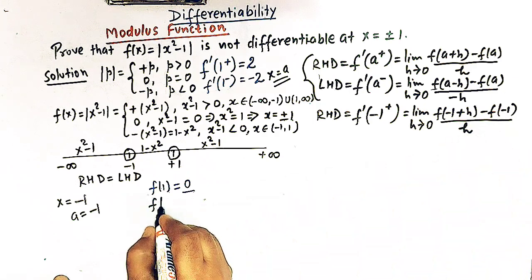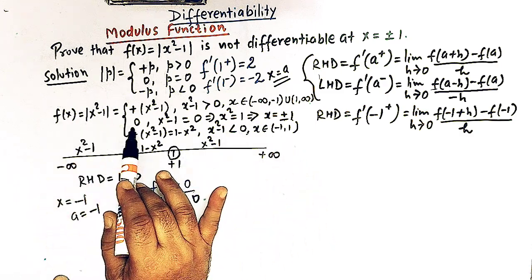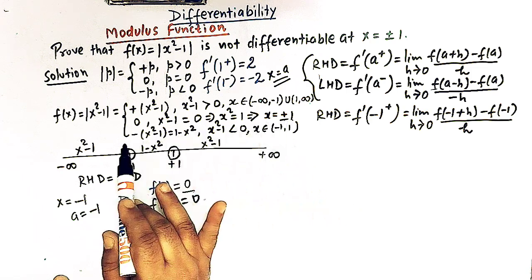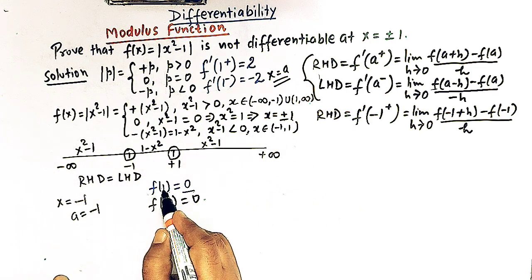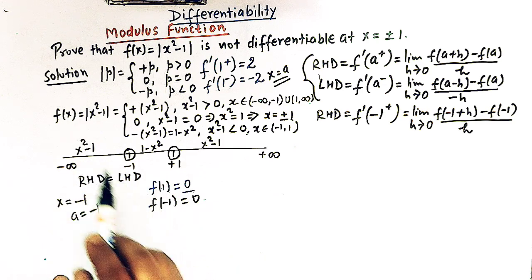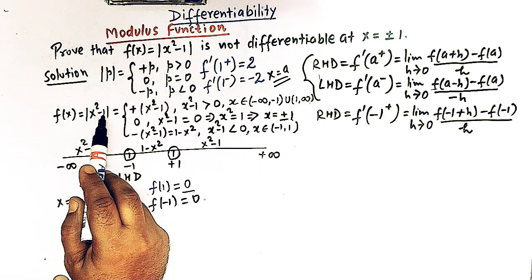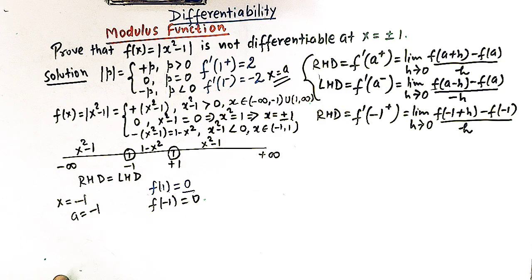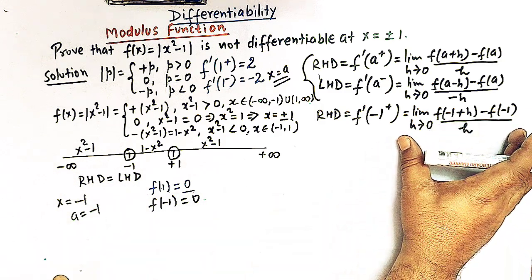Now the value of f of minus 1 is also equal to 0, because f of x is equal to 0 when x is equal to minus 1. We can also calculate the values of f of minus 1 and f of 1 by directly substituting x is equal to 1 and minus 1. That is 1 square is 1, so 1 minus 1 is 0, minus 1 square is 1, 1 minus 1 is 0, right? Okay, so now let us find out the value of this limit.